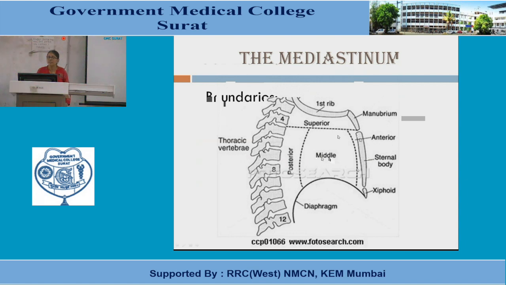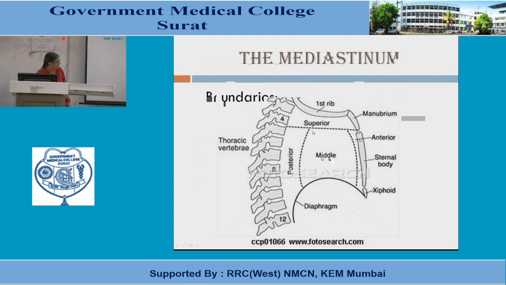So we can say that the mediastinum is divided first into a superior and inferior part by an imaginary plane. You can see this horizontal plane from the manubrium to the lower border of the body of the fourth thoracic vertebra. Remember this plane. It is also an importance of the sternal angle.